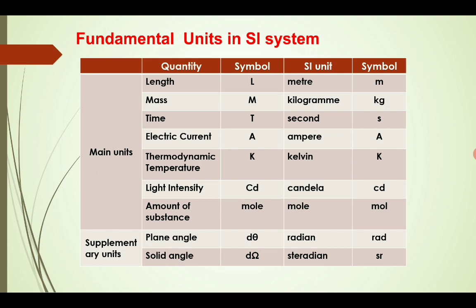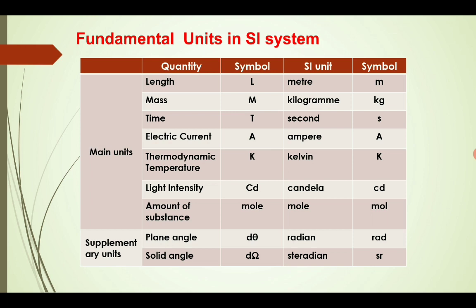We basically have 7 main quantities which are said to be the fundamental or base physical quantities: length, mass, time, electric current, thermodynamic temperature, luminous intensity, and amount of substance. For these we have the SI units and the symbols for the units. So length is L, capital L is the symbol.